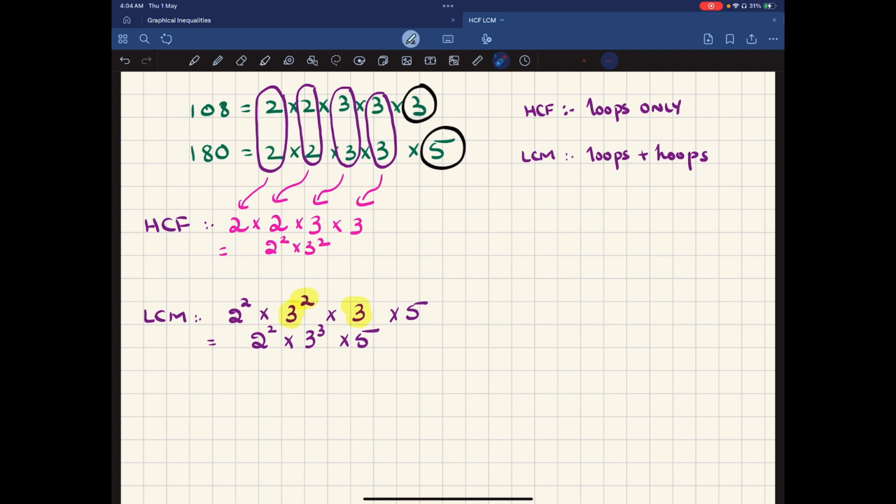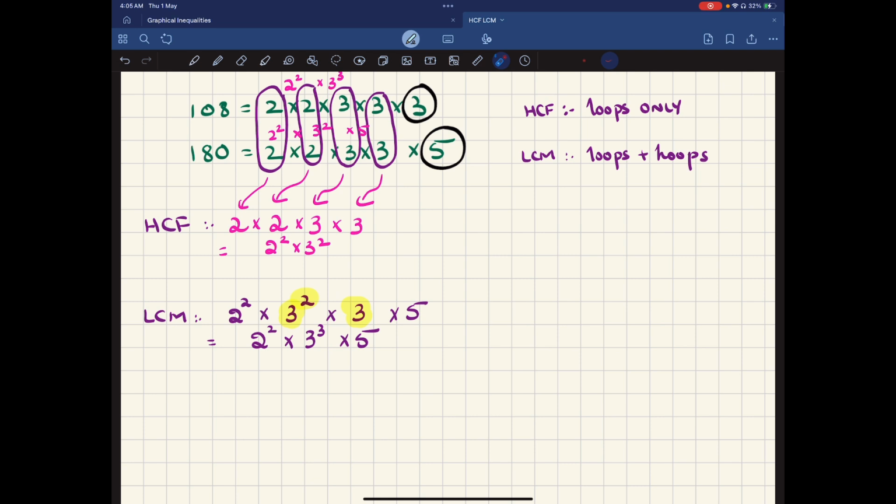Okay, so see the power. Okay, let me use another color. So the factors of 108 are 2 square into 3 cube. The factors of 180 are 2 square into 3 square into 5. Okay, so the general rule is that HCF always takes the lowest power of the common prime factor. Here the power is same, so HCF has 2 square.